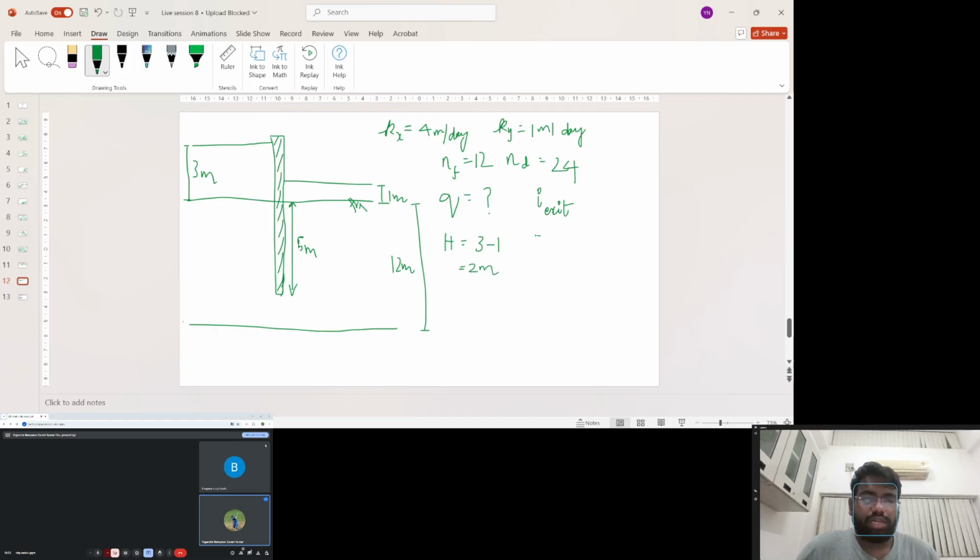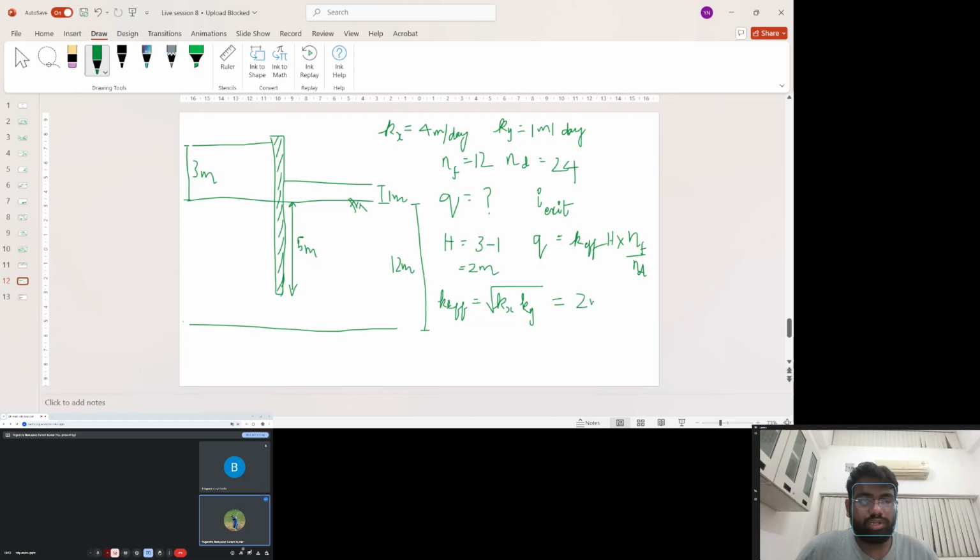Now, as per Darcy's law extended for two-dimensional flow, Q = K effective × H × NF/ND. Since it is anisotropic flow, K effective has to be calculated, which is the square root of Kx into Ky, which gives us 4 into 1, which is 4.